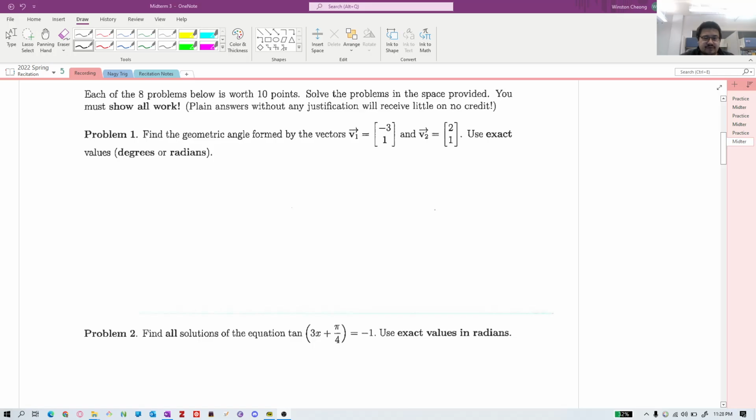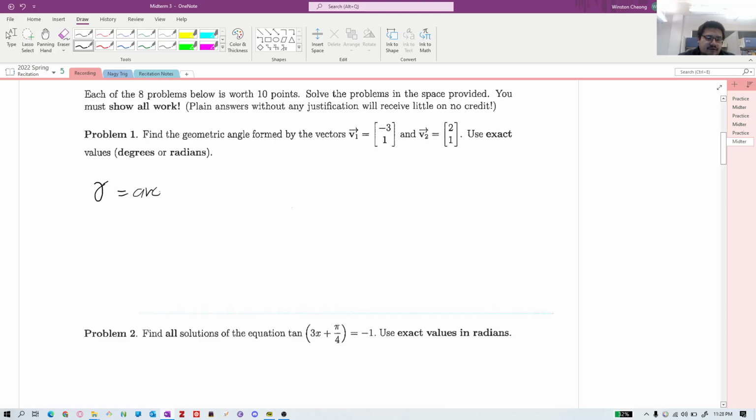Alright, so for number 1, we want to find the geometric angle of these two vectors, and we want exact values. In order to do this, you need the formula for the geometric angle, which shows up in the notes that I created. It should also be in your notes somewhere.